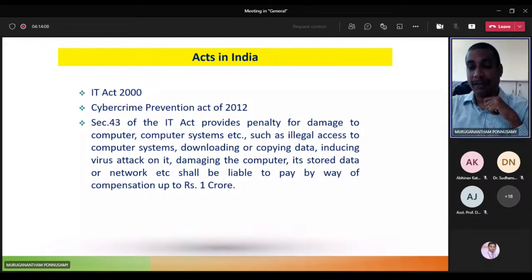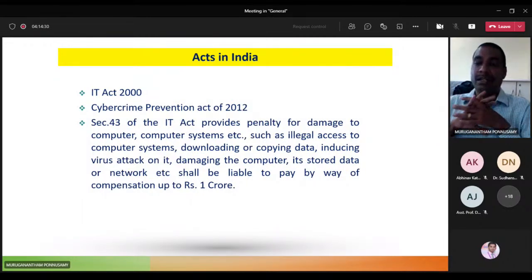But in our country, we are having an act which is called IT Act 2000, Cybercrime Prevention Act 2012. As per the IT Act section 43, if anybody damages a computer system, such as illegal access to computer systems, downloading, copying data, inducing virus attack, damaging the computer, stored data or network, etc., shall be liable to pay by way of compensation up to ₹1 crore.